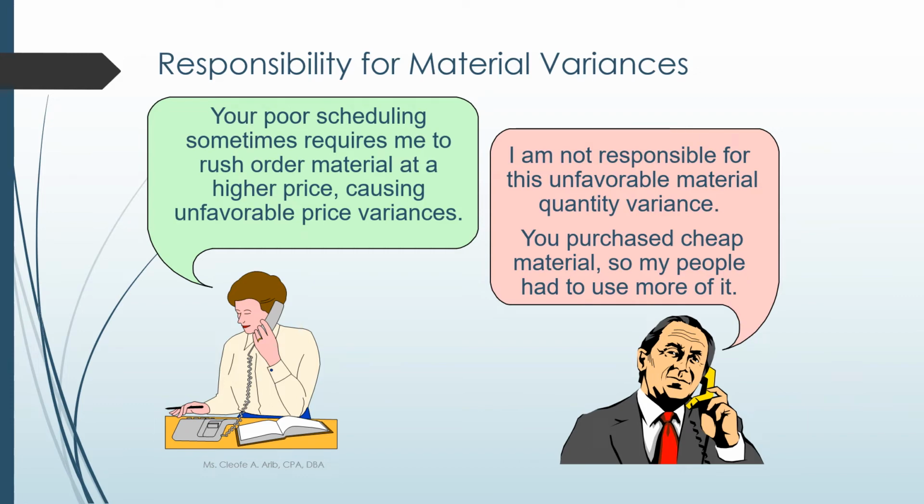So if that is the case, even if I have stated earlier that MQV is the responsibility of your production manager, if the quantity variance resulted from poor quality raw materials, kasi nga, for example, nagtitipid si purchasing manager so that she or he can have a favorable price variance, then for cases like this, it will not be the responsibility of the production manager.